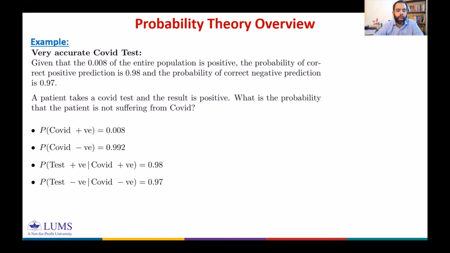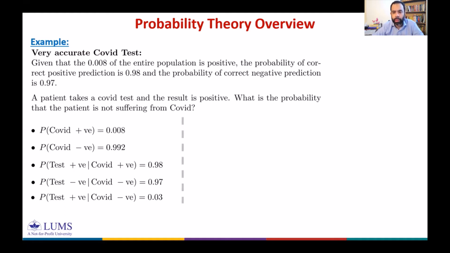Right? And if the patient is COVID negative, probability that the test turns out to be positive is 0.03. That is 1 minus probability of test negative given COVID negative.